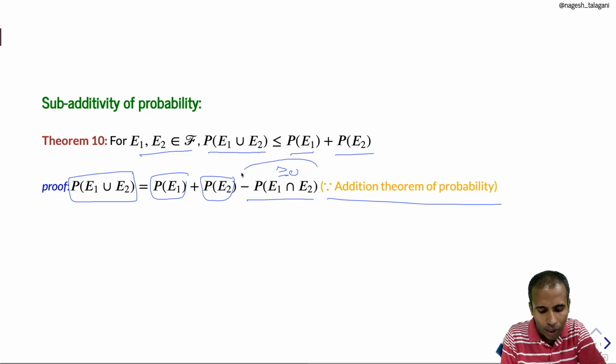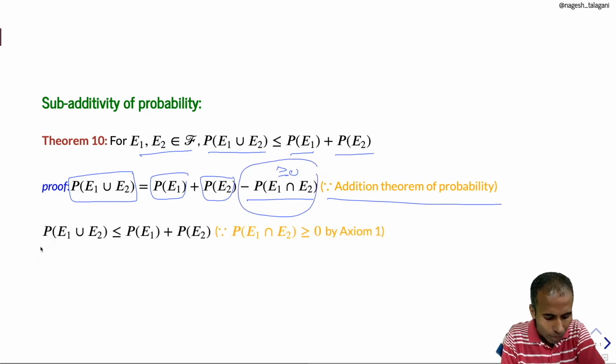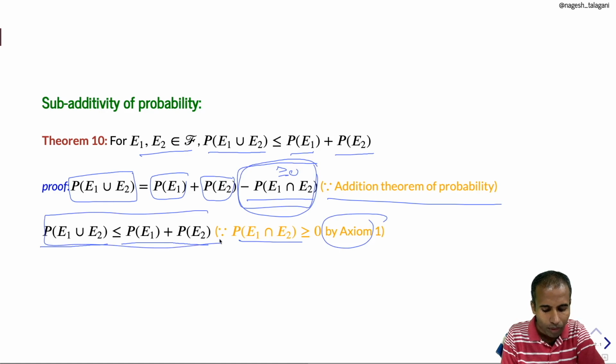If you want to get rid of this term, you must keep the inequality like this: the probability of E1 union E2 is less than or equal to the probability of E1 plus the probability of E2, since the probability of E1 intersection E2 is non-negative by axiom 1. So this is the subadditivity property for two events.